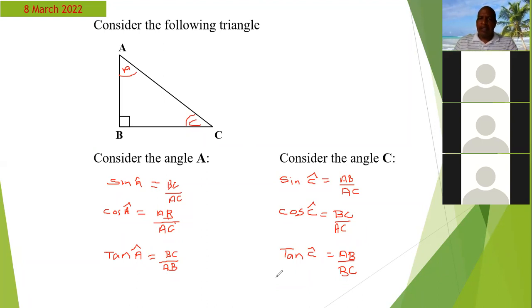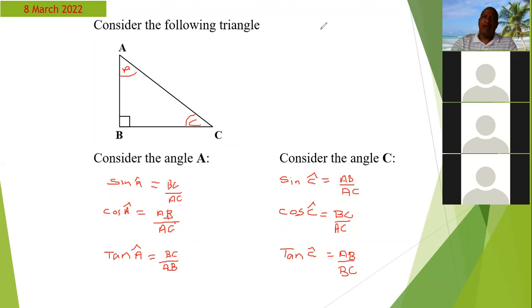All right, one of the things that I want you to notice in terms of the ratios for the angle A and the ratios for the angle C. Is there any comparison that you can make with these ratios, those with angle A and those with angle C? Can you make any comparison with them? Yes, sir.